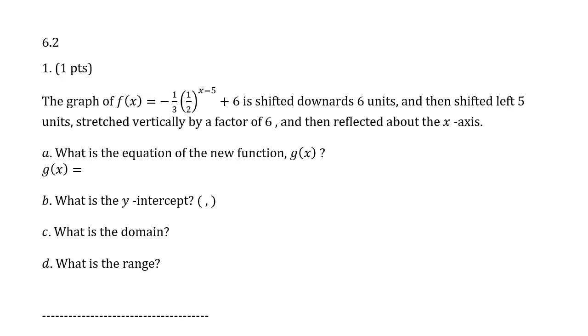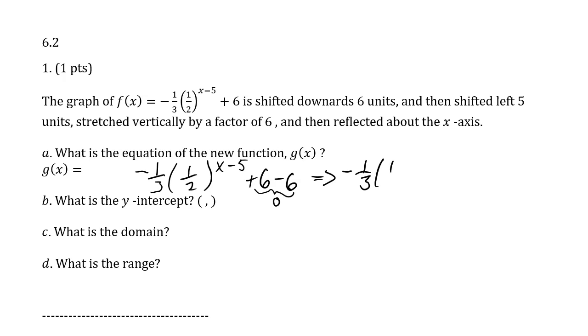So the first thing that's going to happen is we're going to have the negative 1/3 times the 1/2 raised to the x minus 5 all plus 6. You're going to subtract 6. In other words, this part is going to become a 0. And this is going to lead to the new equation of negative 1/3 times 1/2 all raised to the x minus 5. This just reflects the first thing, which is a downward shift of 6 units.